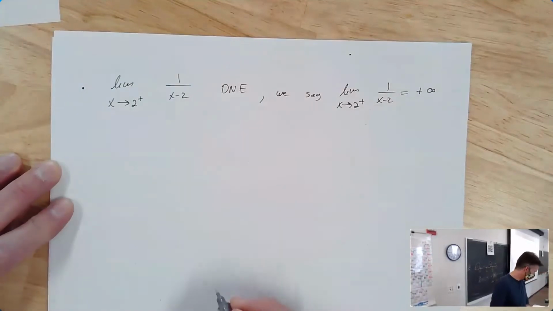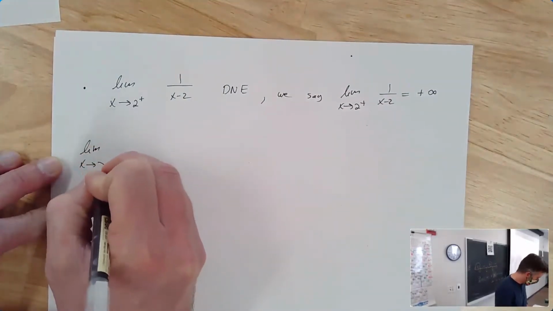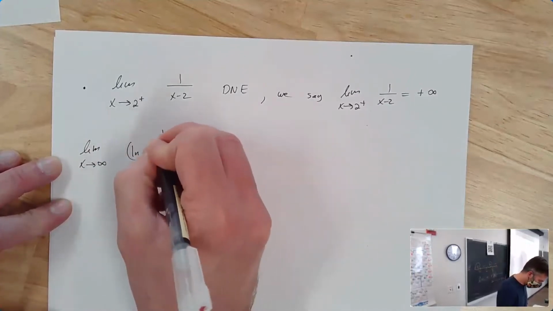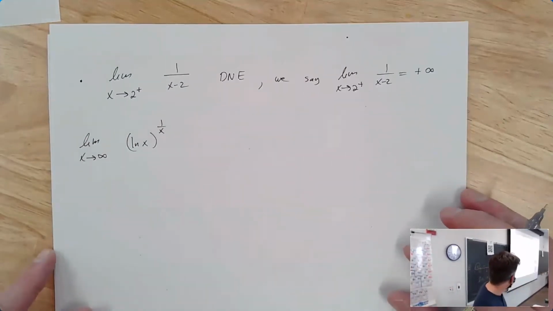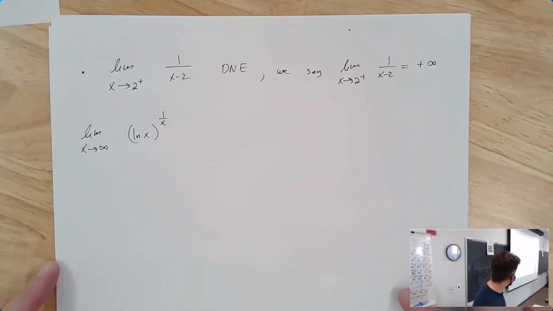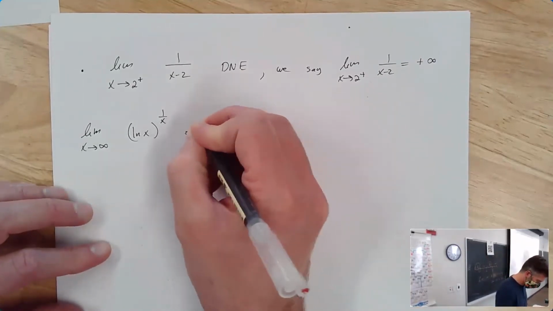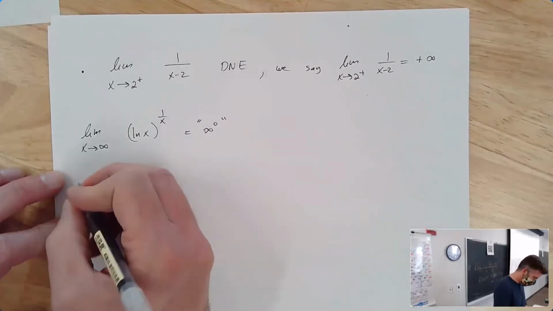All right, I promised you some examples like the following. Limit as x goes to infinity of the natural log of x to the 1 over x power. Okay, which is an infinity to the 0 form. So let's do it the e to the natural log way.